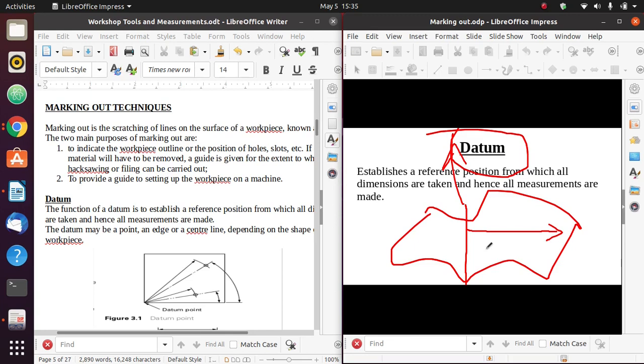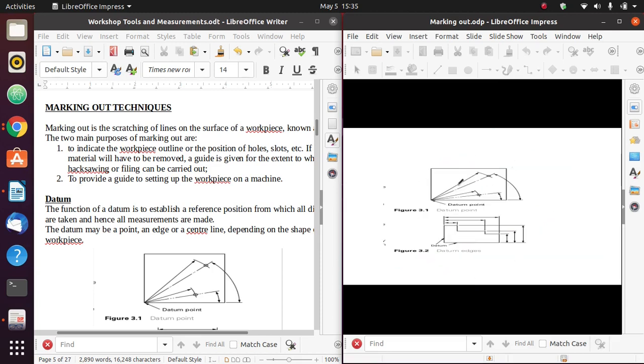Now, a datum can be a point, an edge, or a center line. In this case, let's look at this. We have a datum that is a point. If I want to make a radial measurement, then I will have a datum as a point.